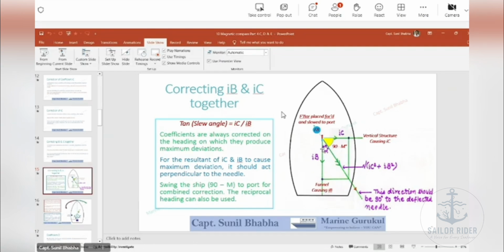ओके, आप पहला वाला डाउट क्लियर हुआ बेटा या अभी भी डाउट है? Only doubt is that once we place the flinder bar opposite to the resultant, that time only we can correct the IB and IC. No, that time you cannot correct it beta.